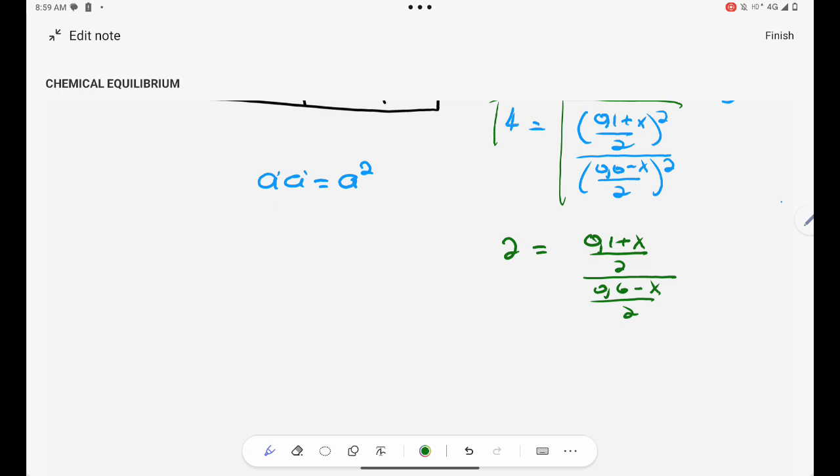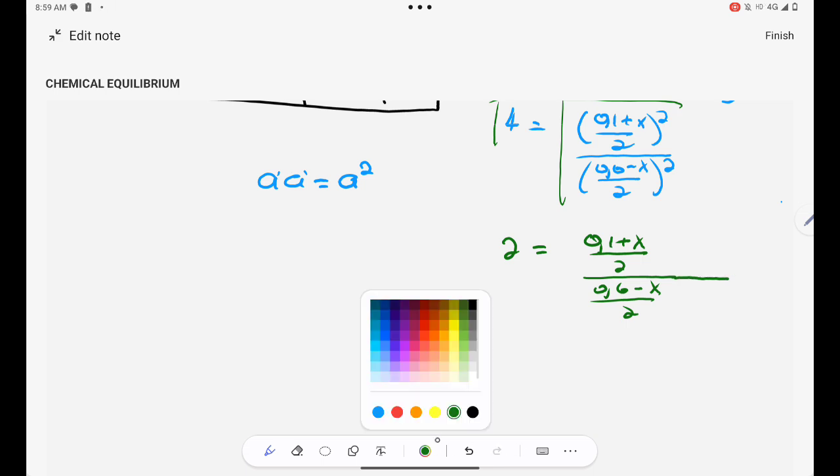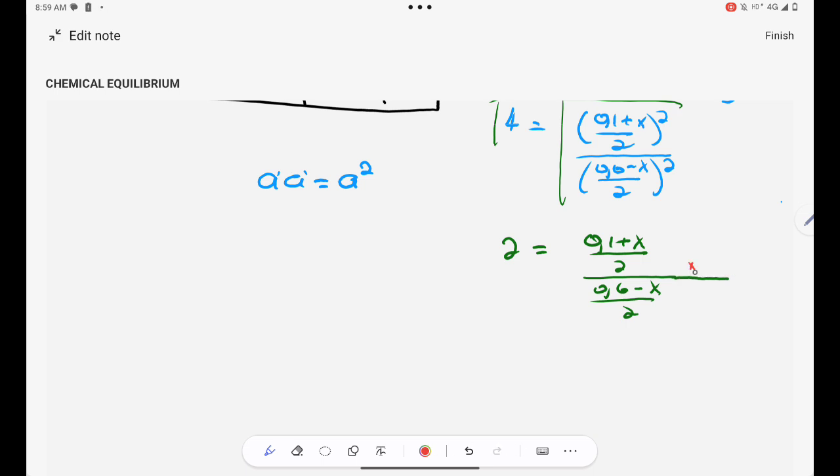Okay. Before we continue, guys, whenever I deal with fractions, I don't want to have a fraction within a fraction. I just want to have whole numbers divided by whole numbers. So how can I remove that fraction over there? I can simply multiply the top and bottom by the same LCD. Are you together? So the only denominator I have is 2, both at the numerator and the denominator.